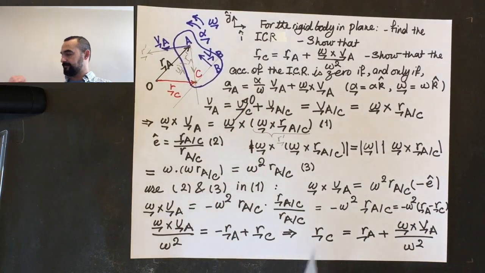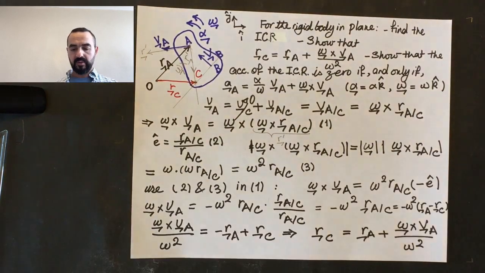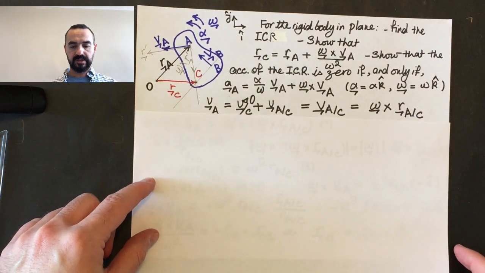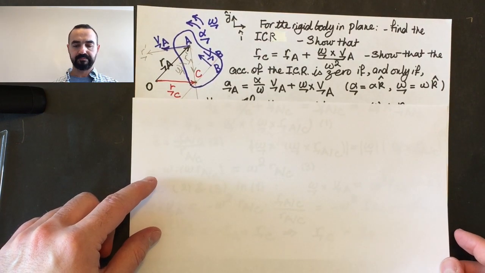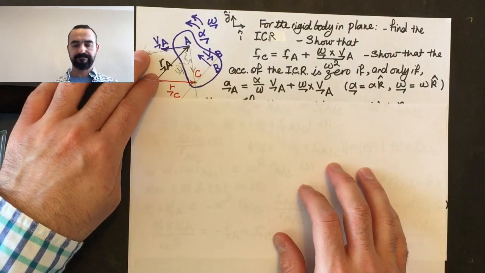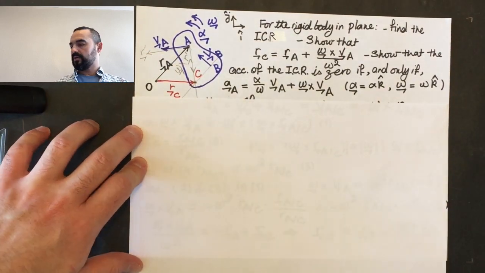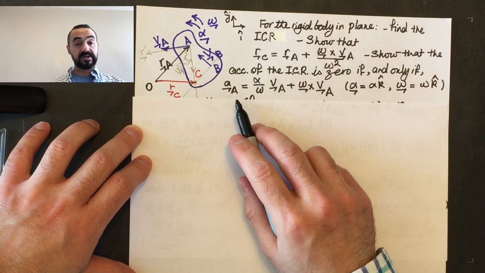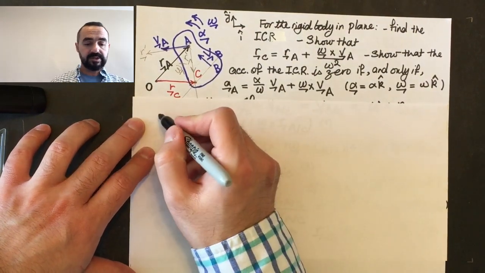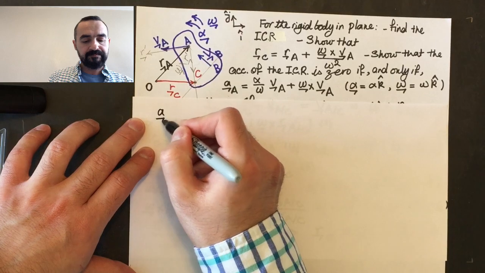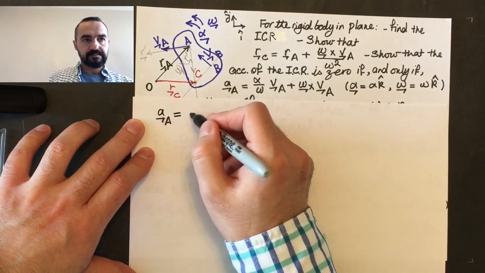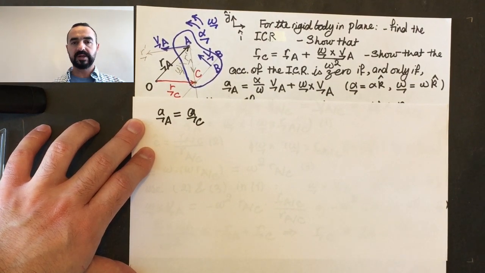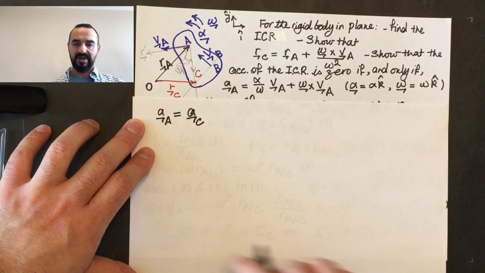All right, so let me just quickly show how we should do that. Again, what we are interested in at the end is the acceleration of point A. Just to remind you, all I'm doing is going back to your notes, how we related the acceleration of 2 points in a rigid body.